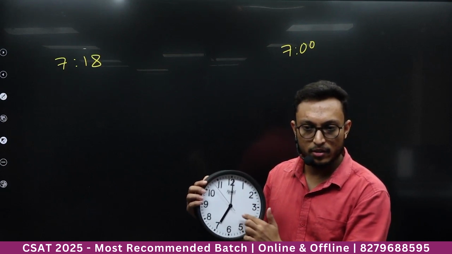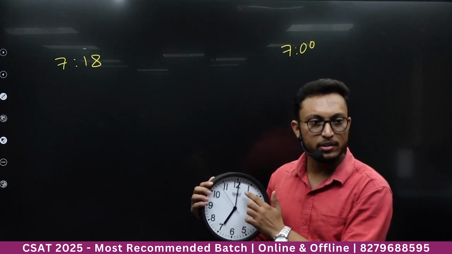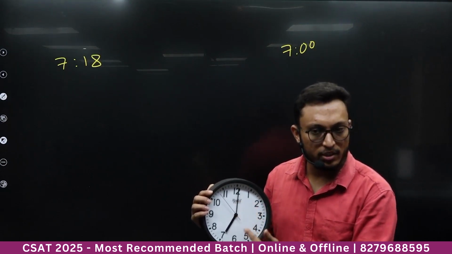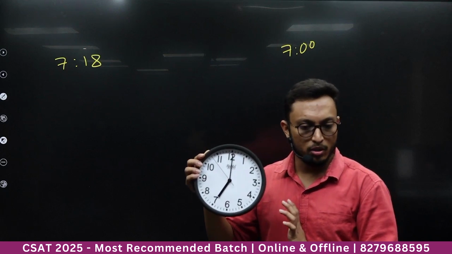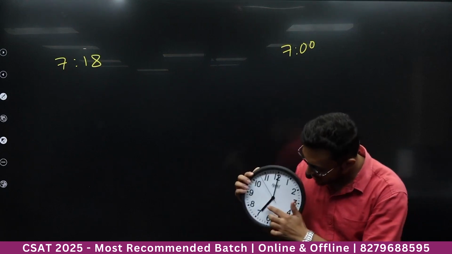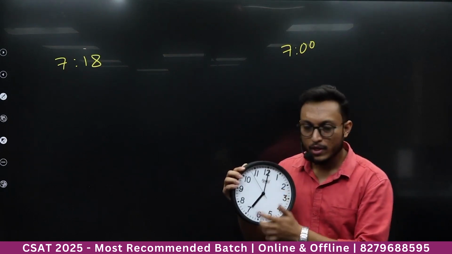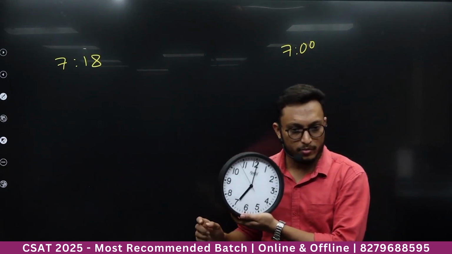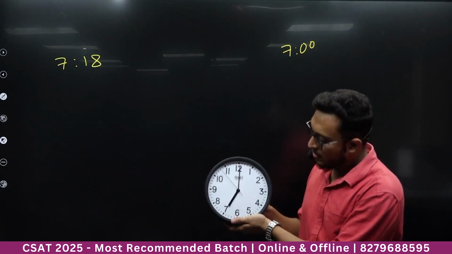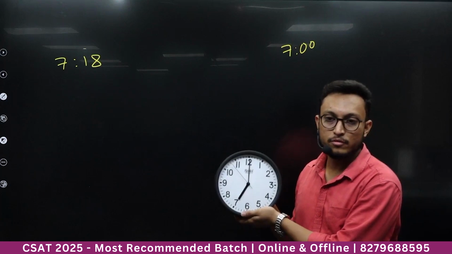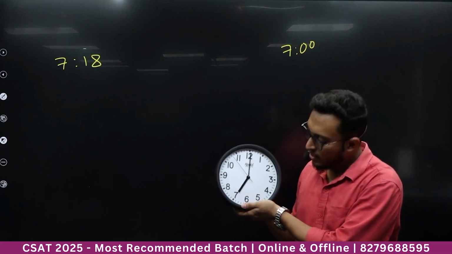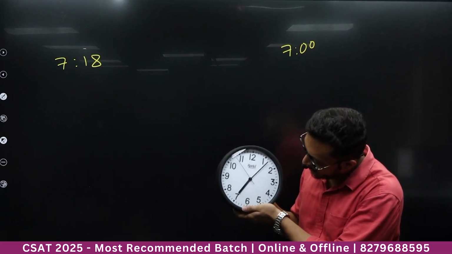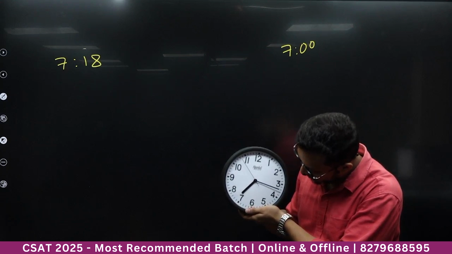This angle is 7 sectors initially, 7 sectors each of 30 degrees, total 210 degrees. So initially this angle is 210. For the next 18 minutes, the minute hand will rotate. The minute hand rotates with the speed of 6 degrees per minute. So at 7:18 it will rotate and come somewhere here.